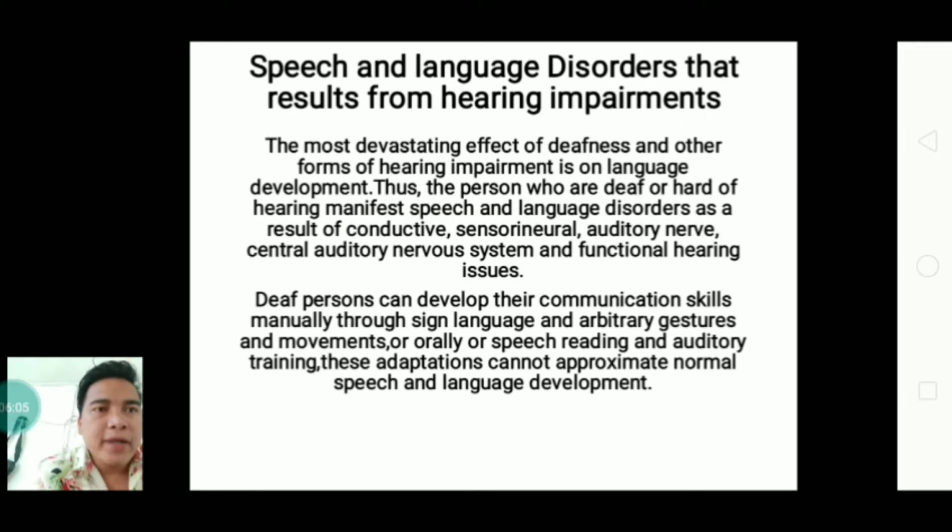Thus, persons who are deaf or hard of hearing manifest speech and language disorder as a result of conductive, sensorineural, auditory nerve, central auditory nervous system, and functional hearing issues. Manually, through sign language and arbitrary gestures and movement, or orally, through speech, reading, and auditory training, this adaptation cannot approximate normal speech and language development.